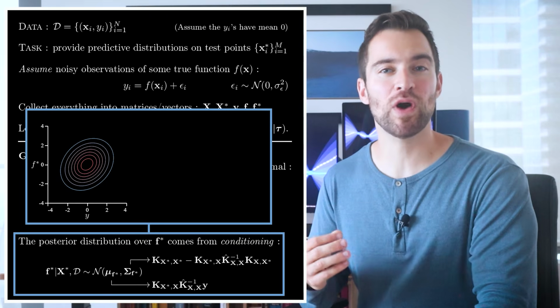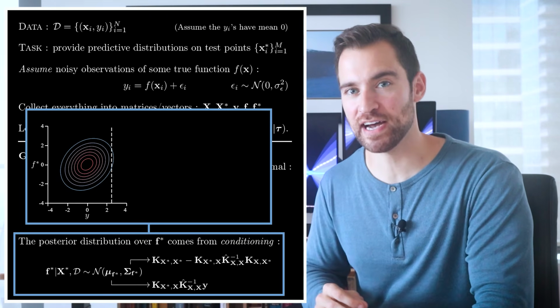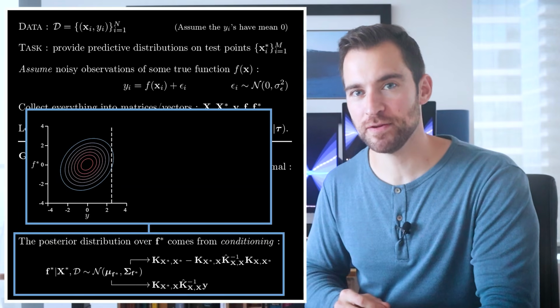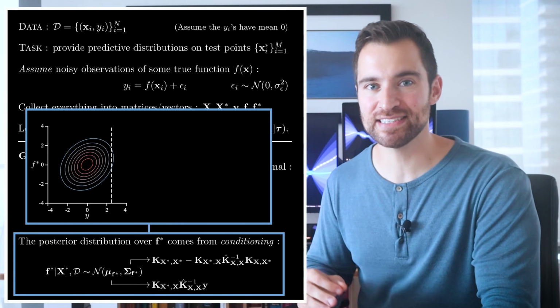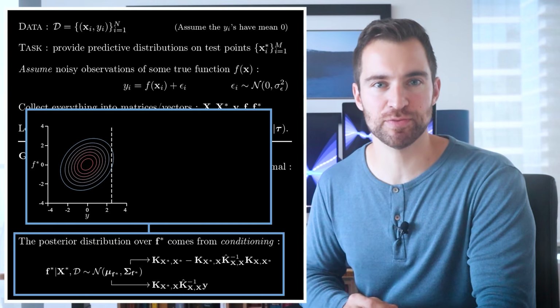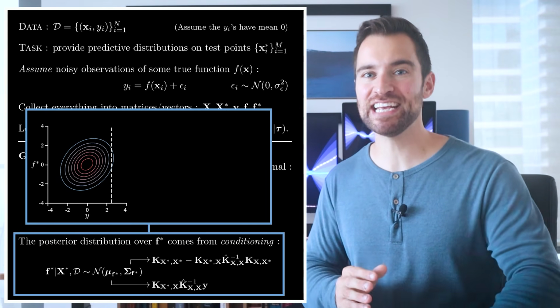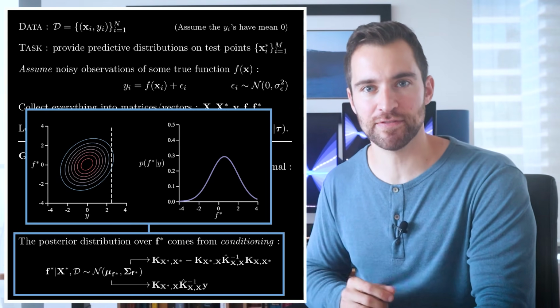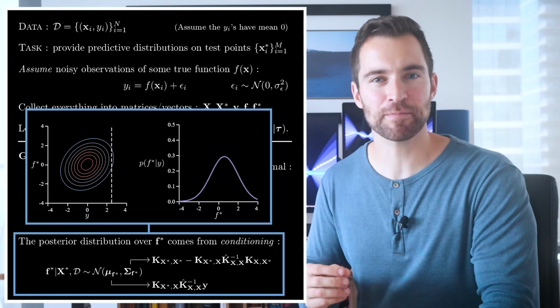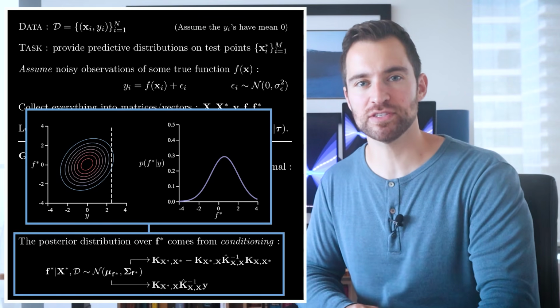Now, let's say our observed y turns out to be 2.5. Given that, what should the distribution of f be? Well, looking at this, it should be the 1D distribution we get when we slice this 2D distribution. In particular, it gives us this distribution for f. So that's all this expression is doing. It's slicing, but it works with higher dimensions.